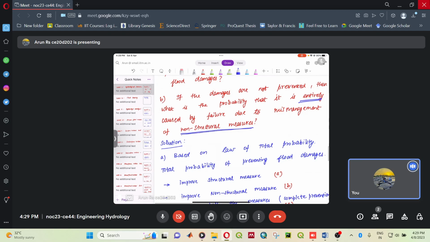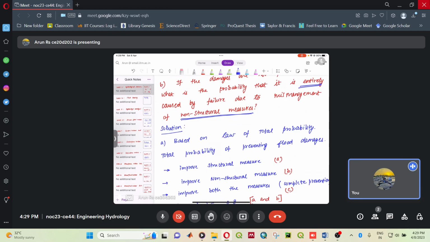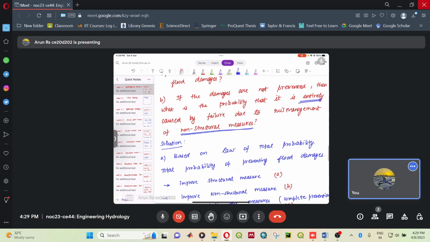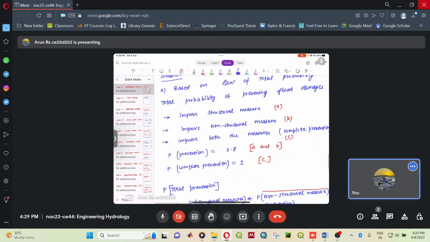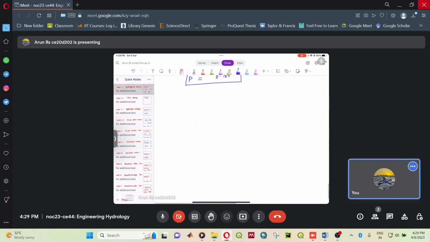It is like we need to use the Bayes theorem in this case, because damages are not prevented. So what is the probability that it is coming from the non-structural measures? So here we need to use the Bayes theorem.